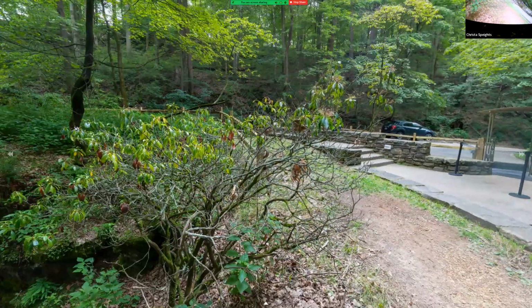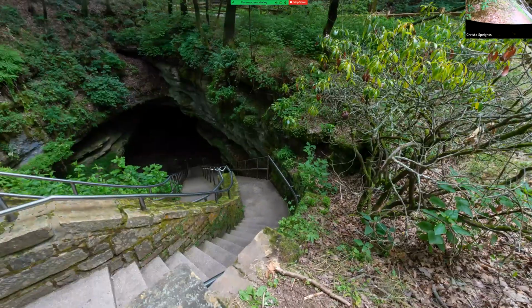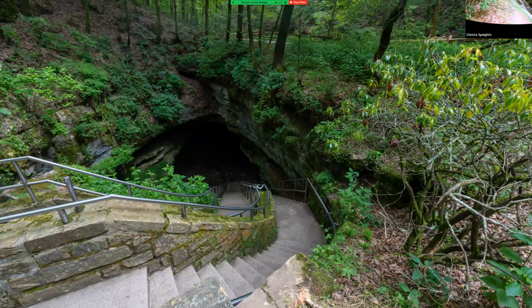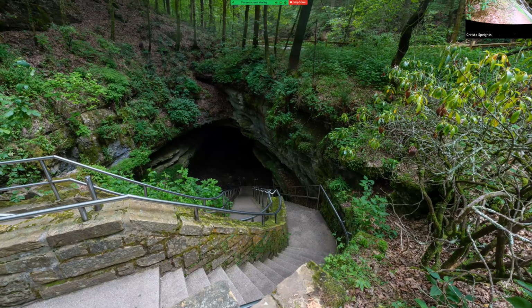But if we take a look back around here, this is one of a couple of entrances that was first discovered by the late Archaic and early Woodland people about 4,000 years ago.